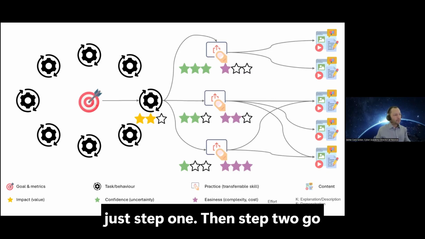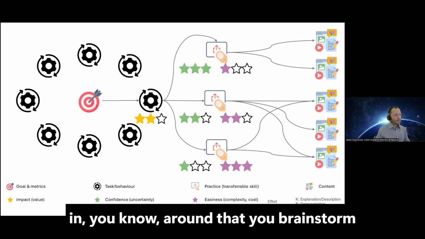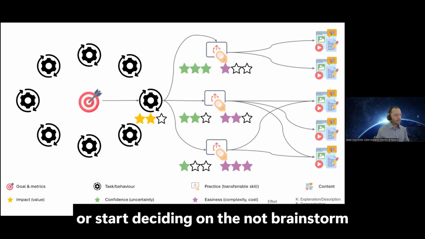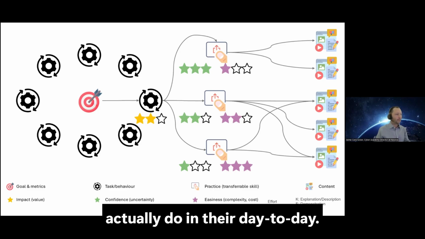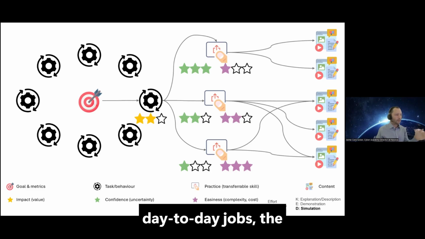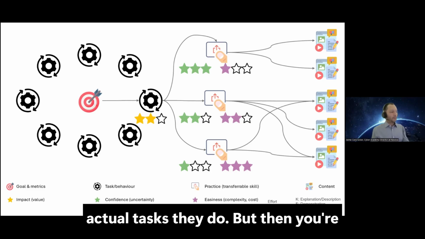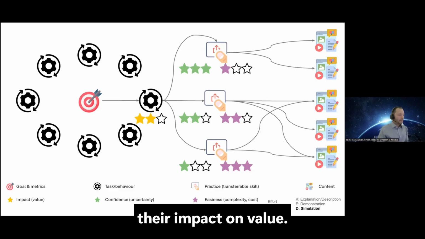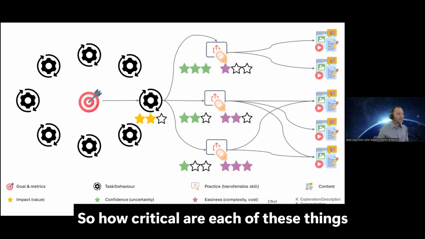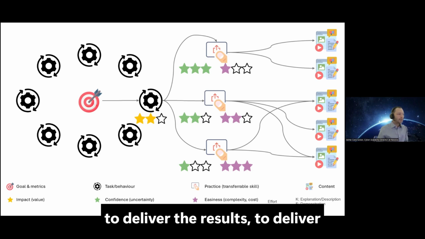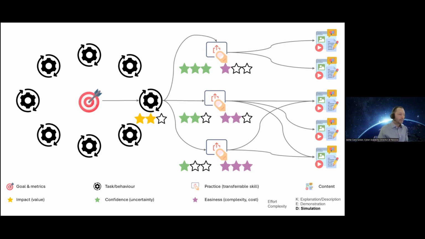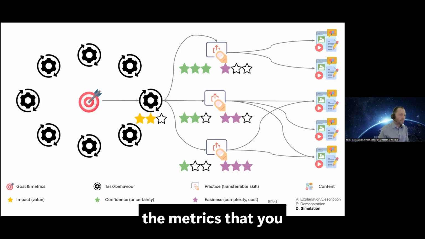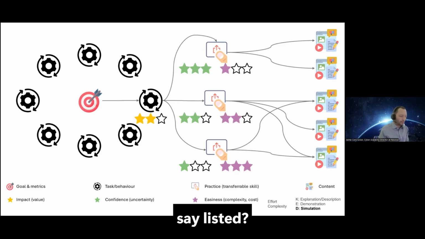Then step two, around that, you start deciding on, not brainstorm, because these things are what people actually do in their day-to-day jobs, the actual tasks they do. But then you're going to rate each of them for their impact on value. So how critical is each of these things to deliver the results, to deliver the metrics that you listed.